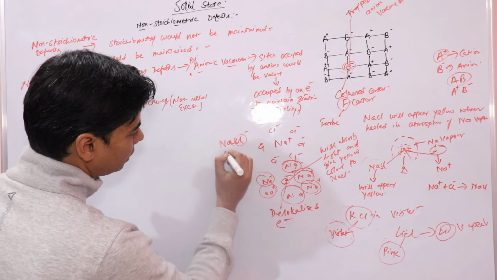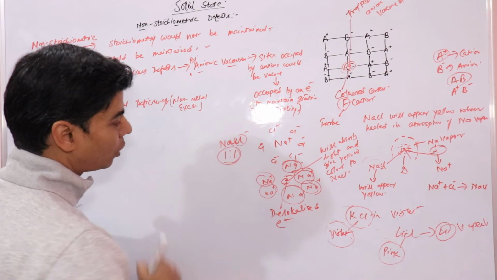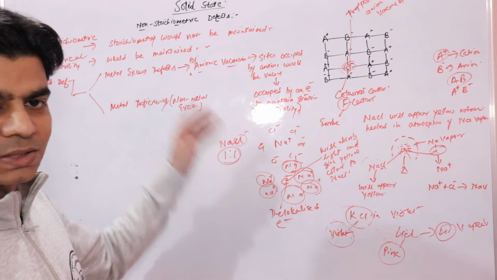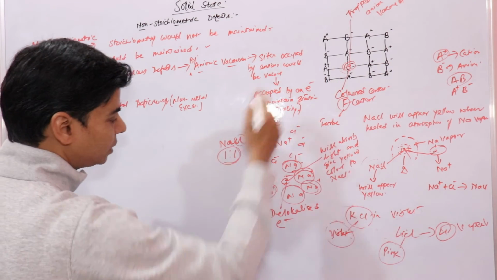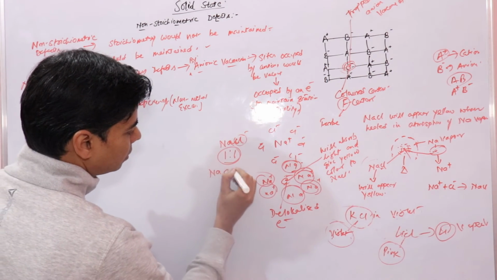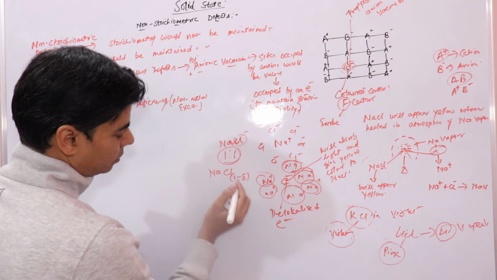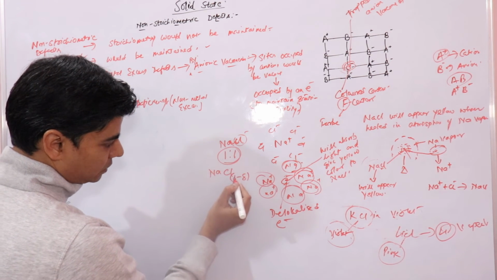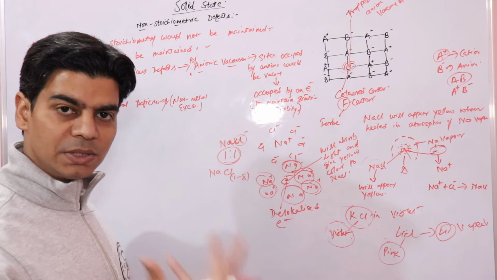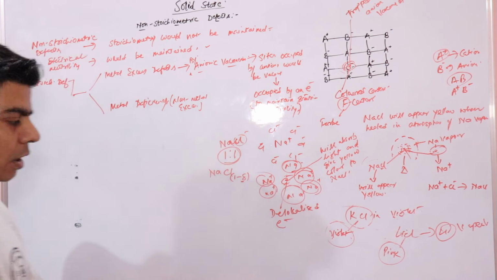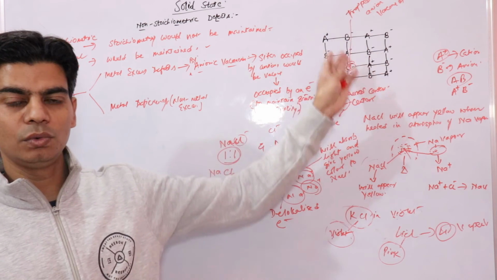So the 1:1 ratio would not be maintained in sodium chloride due to this metal excess defect. After this defect we may write the formula as Na Cl 1 minus delta, because some chloride ions are missing, maybe more than one. The value of delta depends on how many chloride ions are missing due to this defect.